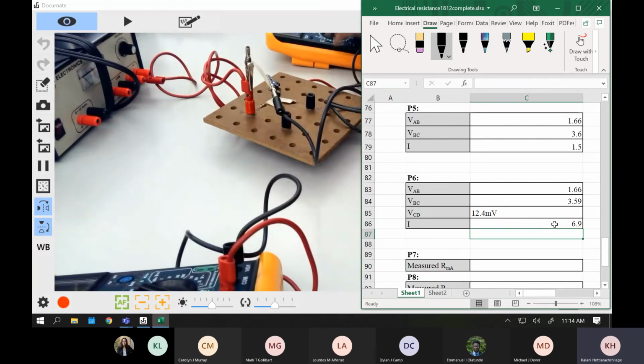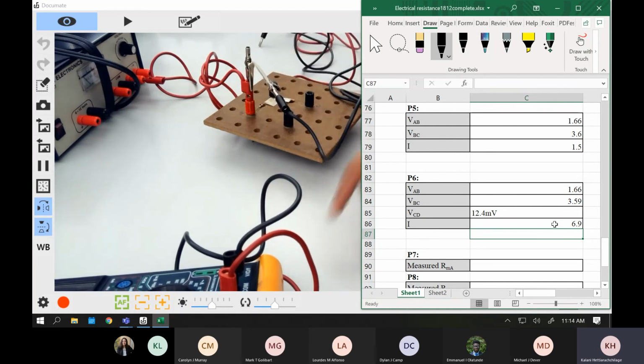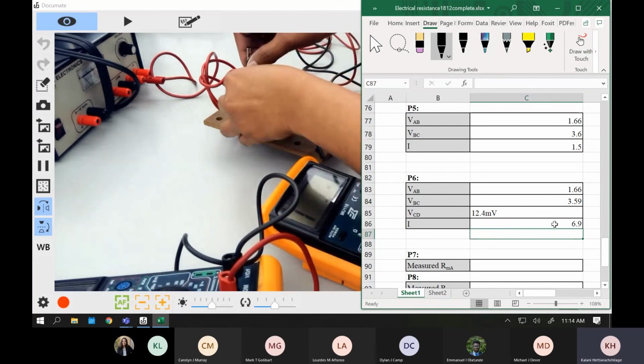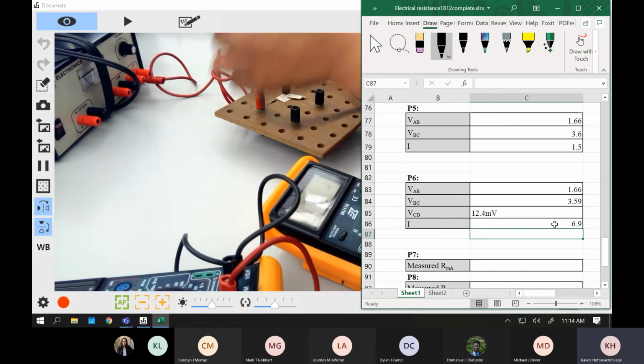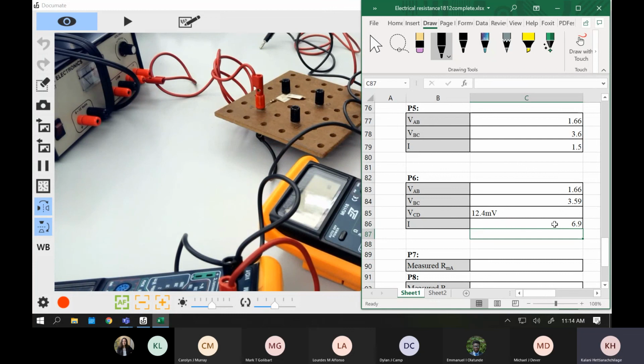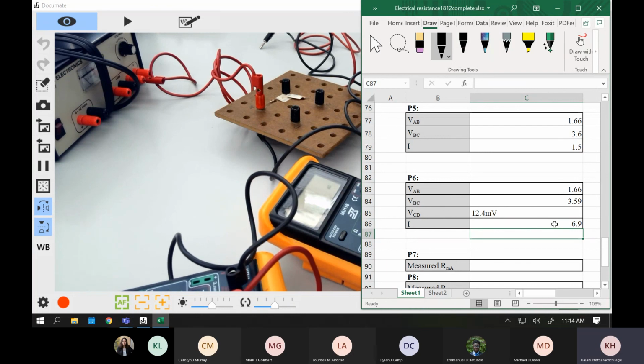And everything else you guys can disconnect, and make sure you give me your 1 kilo ohm with me. And 1 kilo ohm. And fix the wire on the ammeter.